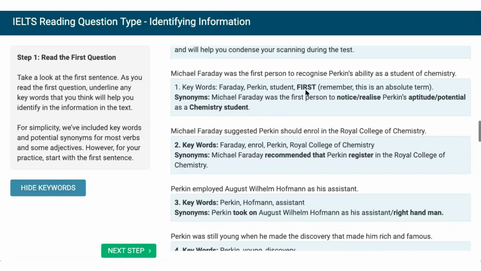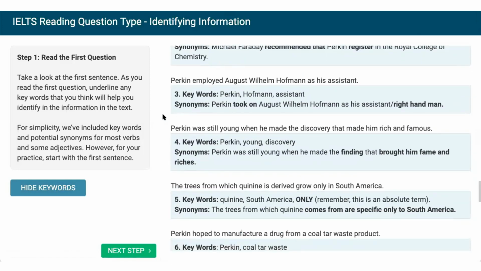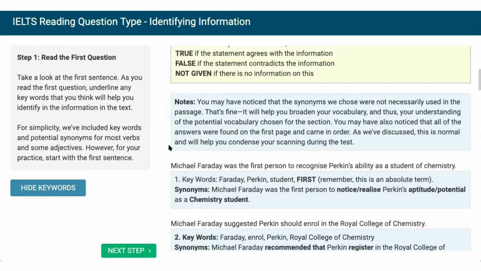So we have our absolute words, first and only. We have our keywords pulled out and also synonyms. Now it's interesting here, this note, it's something to keep in mind that the synonyms we've chosen or the synonyms that you may choose may or may not be present in the passage.